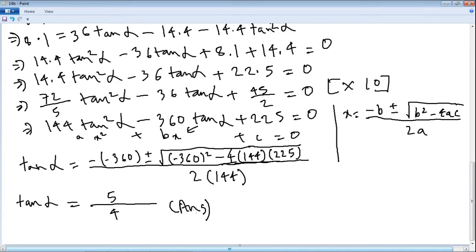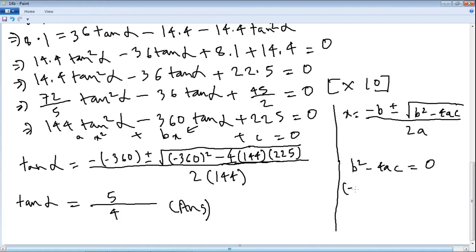Now you might ask why there is only one answer. That's because this whole thing, b square minus 4ac, is equal to 0 if you have calculated.